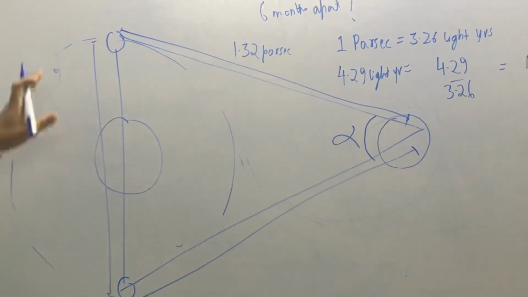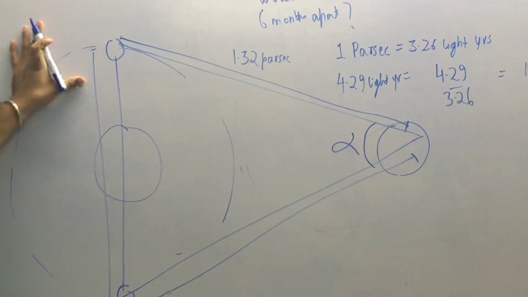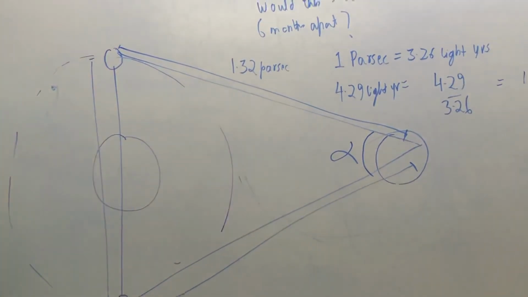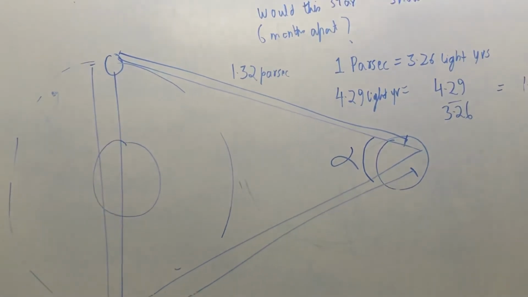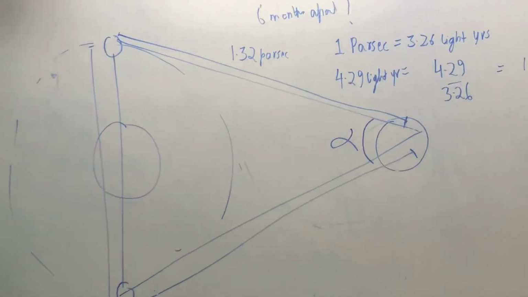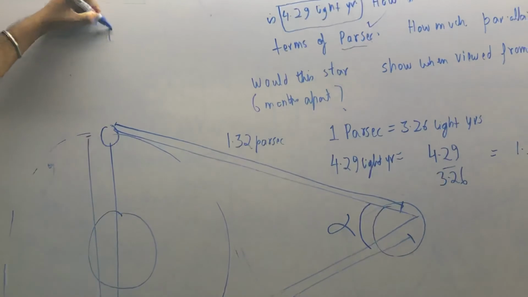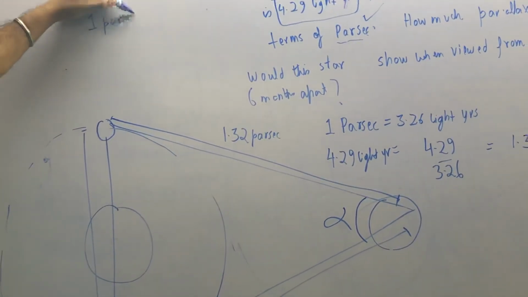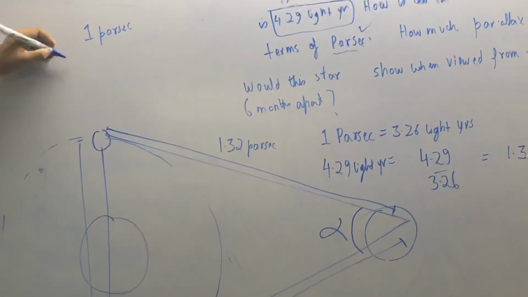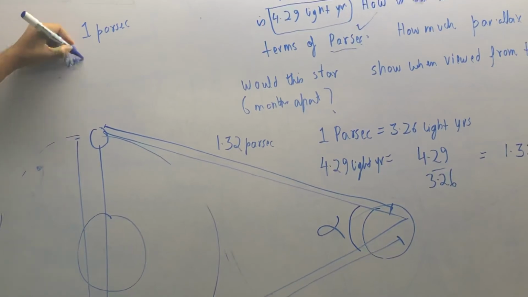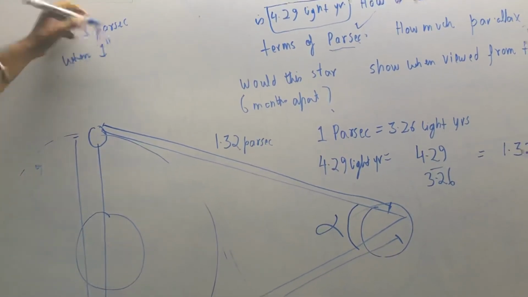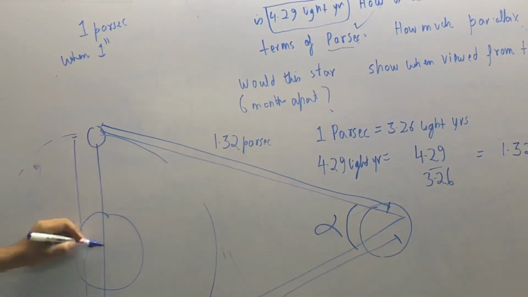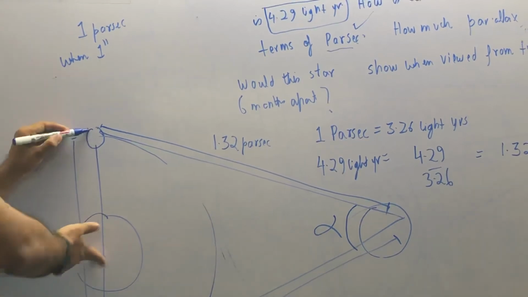Now they have asked us how much angle this parsec will subtend. There are two ways to do this question. First of all, you know what is 1 parsec. 1 parsec is when an angle of 1 second is subtended at a distance equal to half of this.